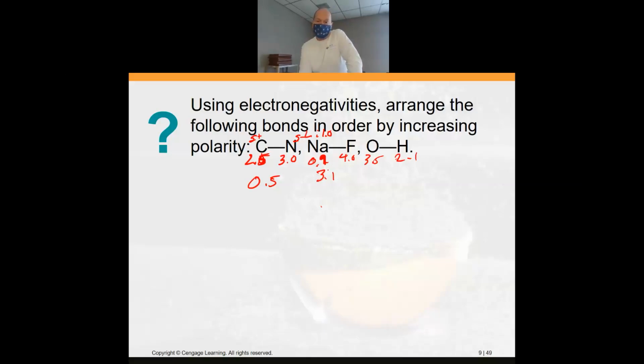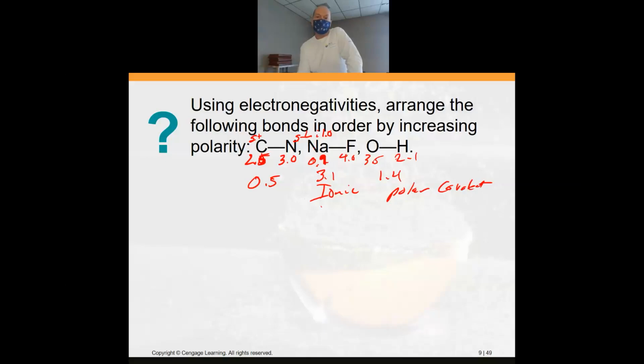Doesn't matter. It only has to be greater than 1.6 to make it ionic. Although, since it's a metal and a non-metal, we're going to call it ionic anyway. And then again, this one was the 1.4, so this one also is a polar covalent.